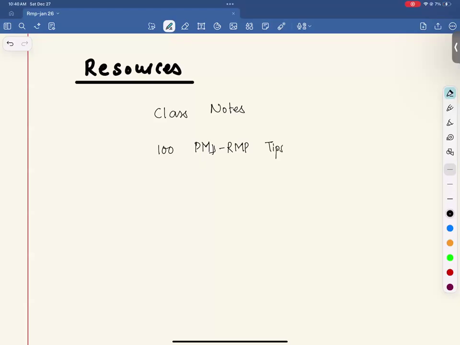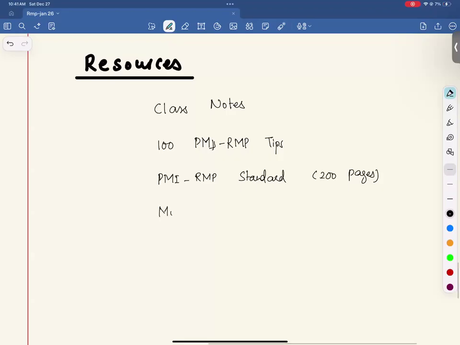I'll also be sharing the PMI RMP standard. It's roughly a under-200-page document, very helpful. And then mock tests. That's it. Nothing else. So class notes, tips, standard, and mock tests. That's what you will be using to prepare for the PMI risk management exam.